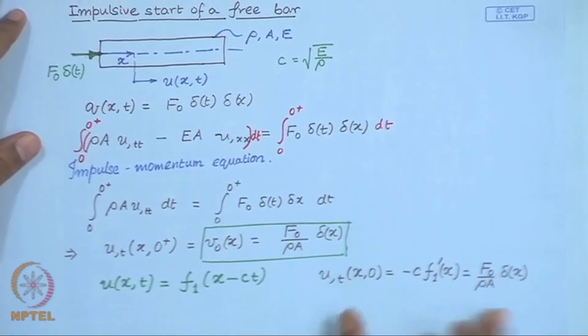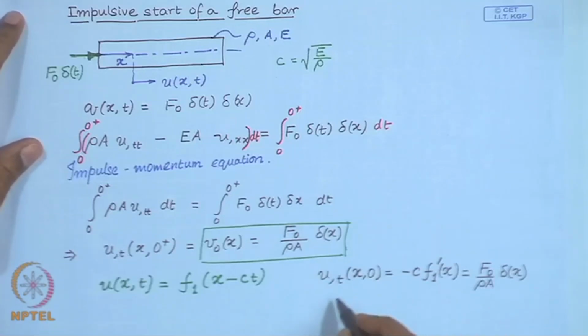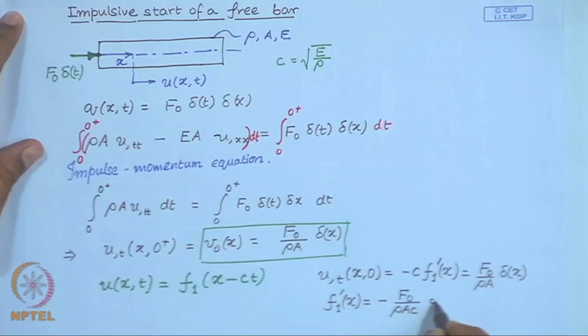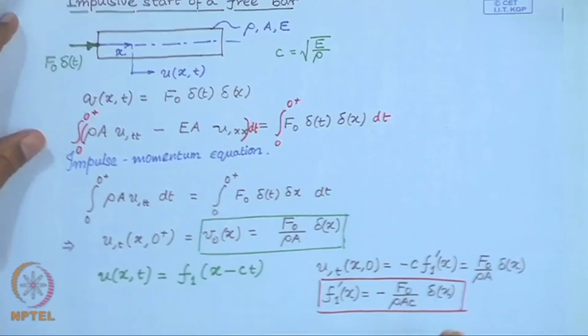So, that is what we have, f1 prime. Now, we must integrate this to obtain f1.